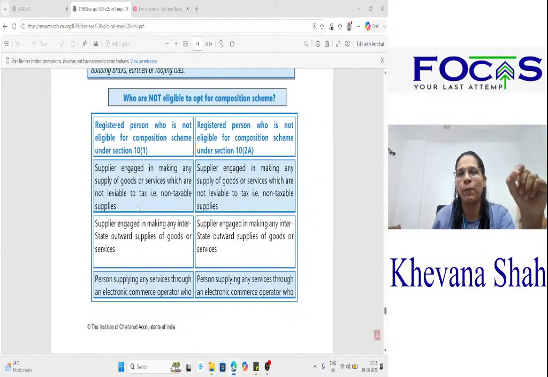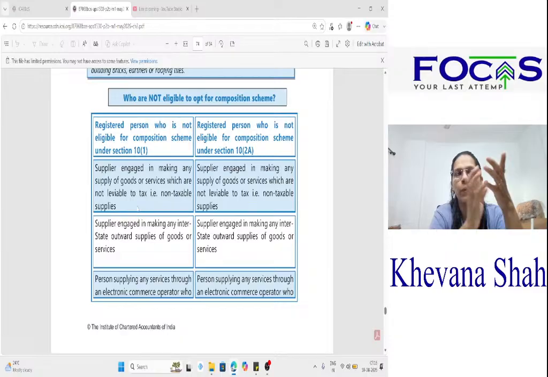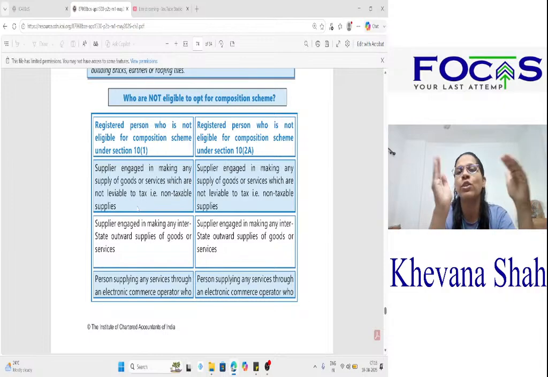So any supplier engaged in making any supply of goods or services which are not leviable to tax, this is similar to what is applicable under section 10(1). So if you are only a supplier of non-taxable supplies, that is you are already not paying any taxes. Why? Because you are supplying only non-taxable supplies.